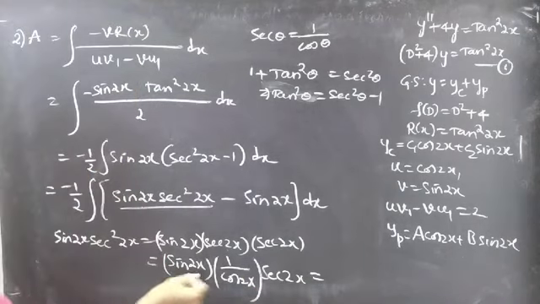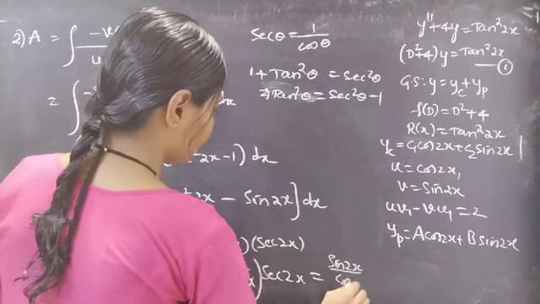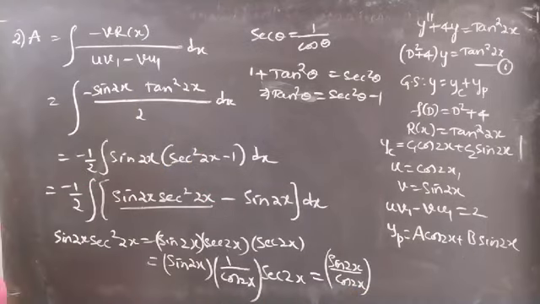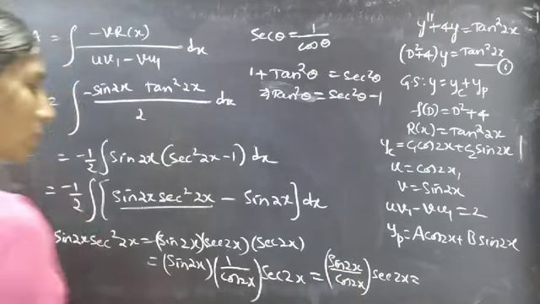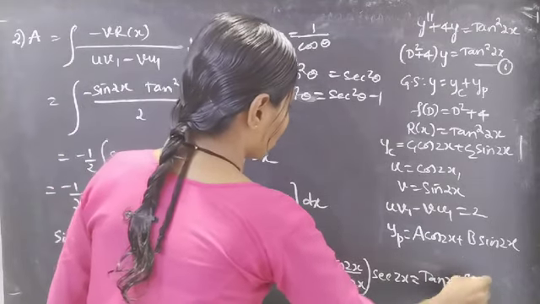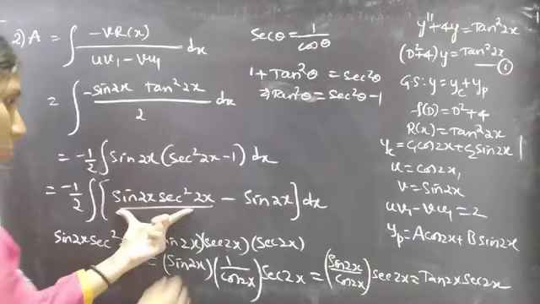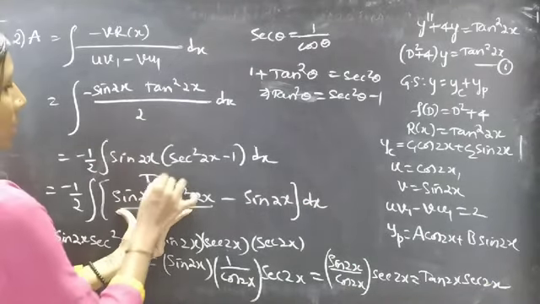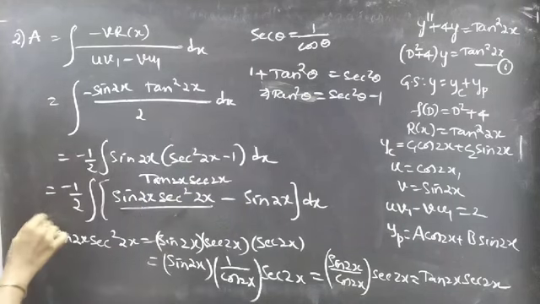This is equals to sine 2x by cos 2x into secant 2x. Since we know that sine 2x by cos 2x is tan 2x, we will get tan 2x into secant 2x. So we can replace this term by tan 2x into secant 2x.